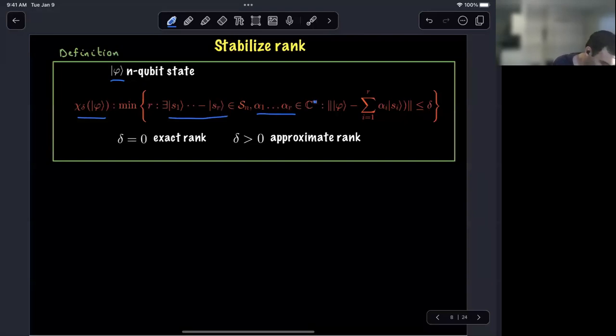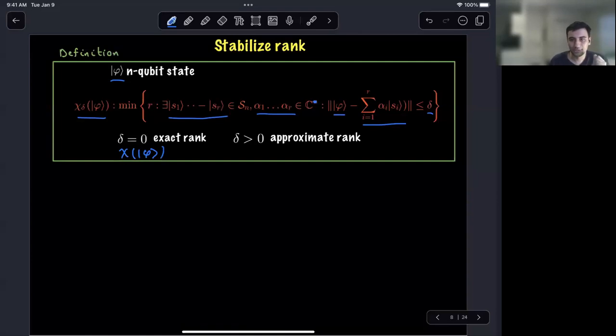Sorry, this should be C. And you can write your state as a linear combination of S1 to SR, up to some approximation parameter delta, and this can be arbitrary. There is some terminology that if delta is 0, we call it exact rank, and if delta is greater than 0, we call it approximate rank. If delta is 0, we usually drop the subscript delta. We just write chi of phi for the exact rank.